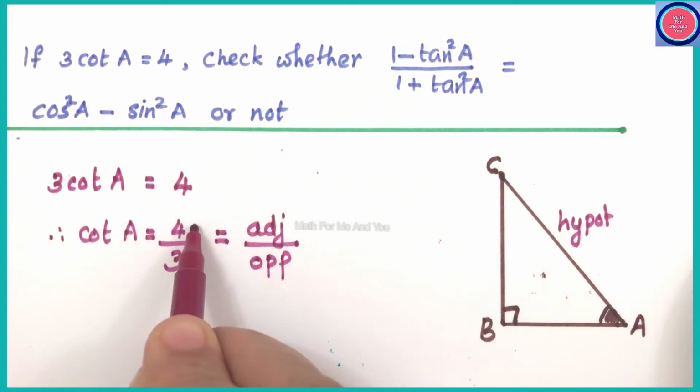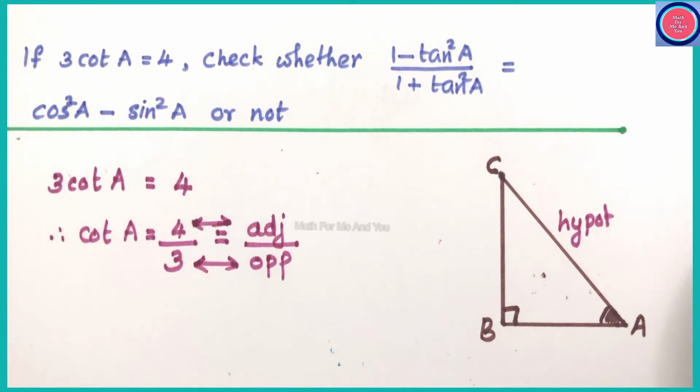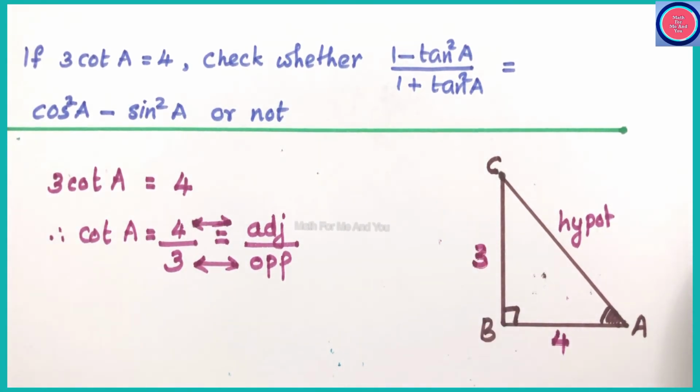That means in the figure, we can mark the adjacent side to angle A as 4 unit. What is the adjacent side? AB. So let it be 4 unit and the opposite side of angle A, that is 3. And one side is missing. Which side? Hypotenuse.